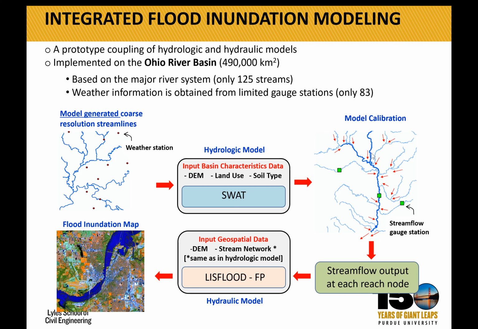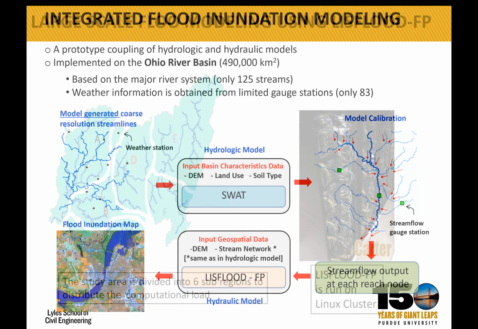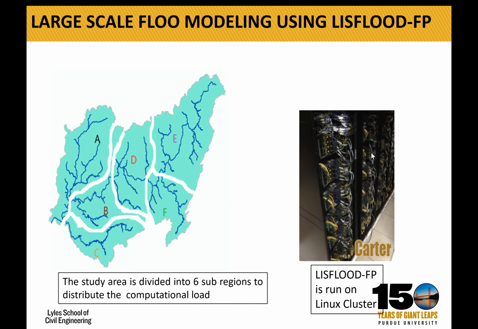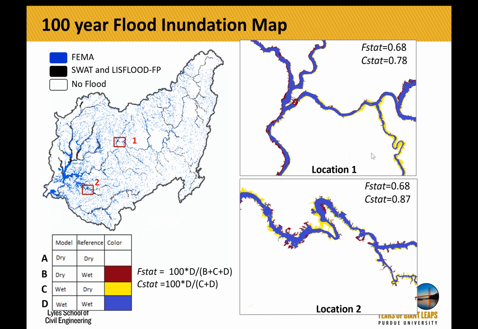To do that, we extended that SWAT study by combining it with LISFLOOD-FP. This is a two-dimensional flood inundation model. Since this is a two-dimensional model, it does require a lot of computational resources. So we ran that on an HPC system, and this is what you get.